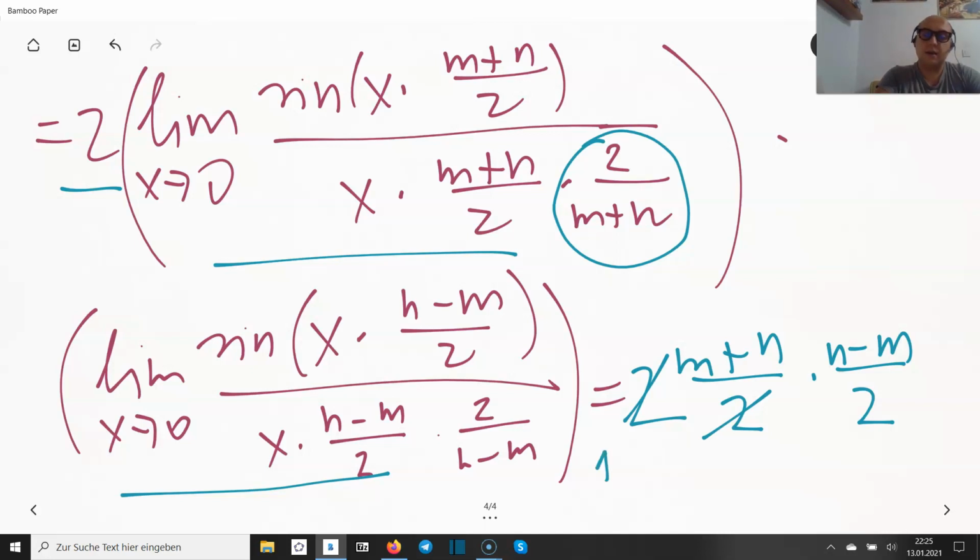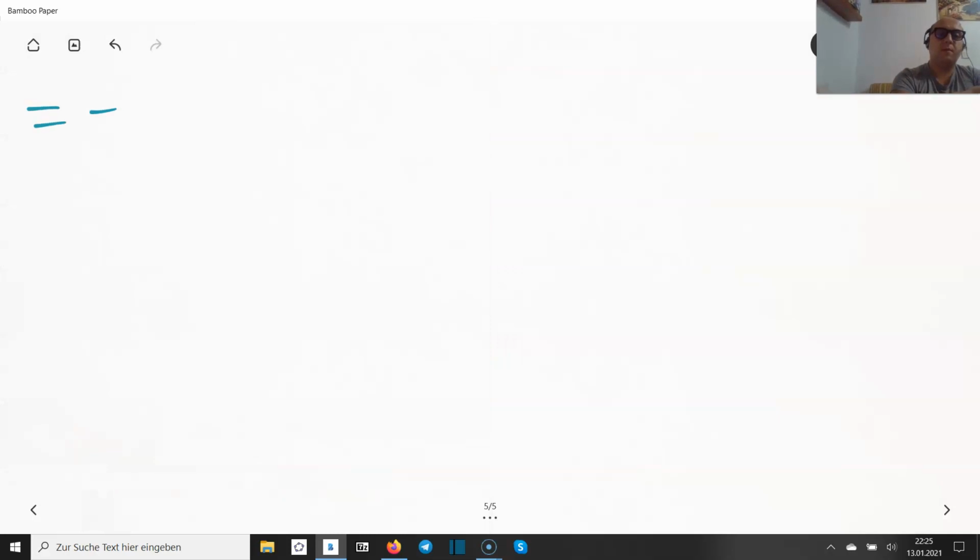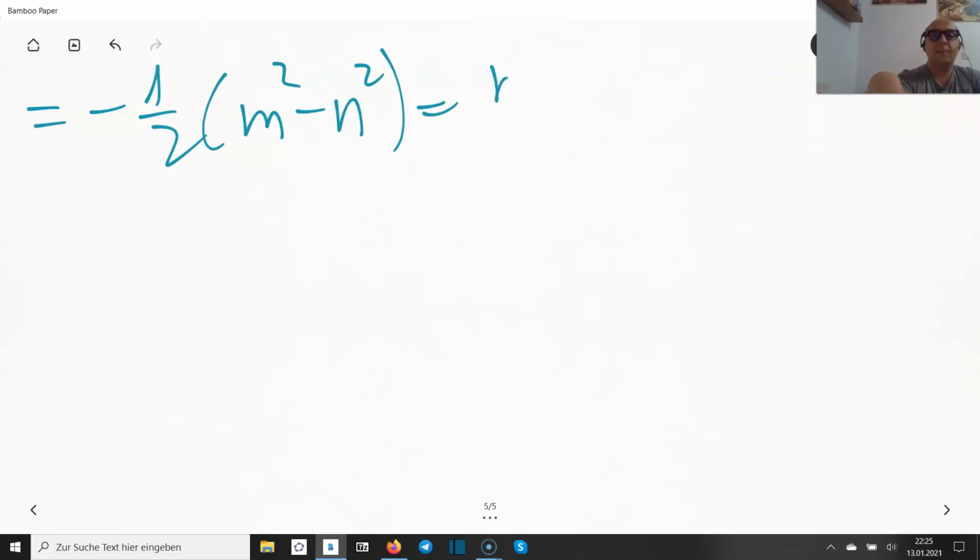So I am having half m plus n times m minus n if I kick minus in front. So what we're getting is minus a half m squared minus n squared, which is n squared minus m squared divided by 2.